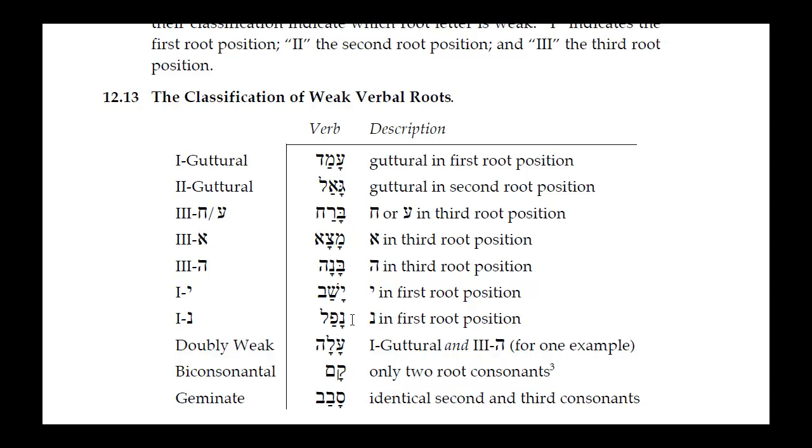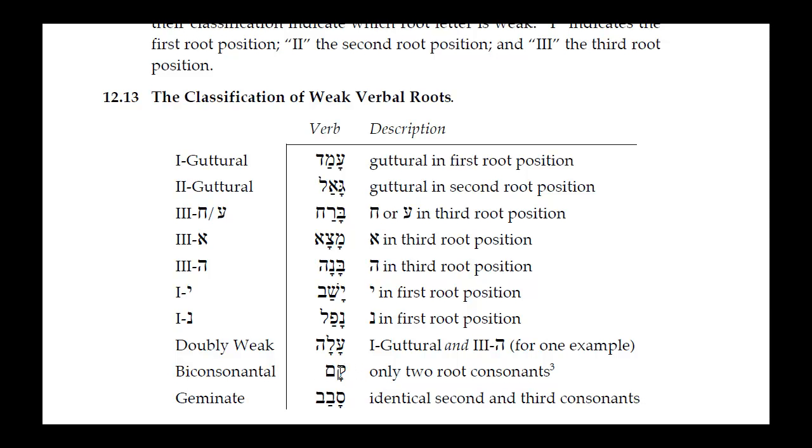And then we have what they call doubly weak verbs, where they have two gutturals in here. You have a first guttural, which is the ayin, and then you have a third hey. We have biconsonantal roots, which have only two root consonants.